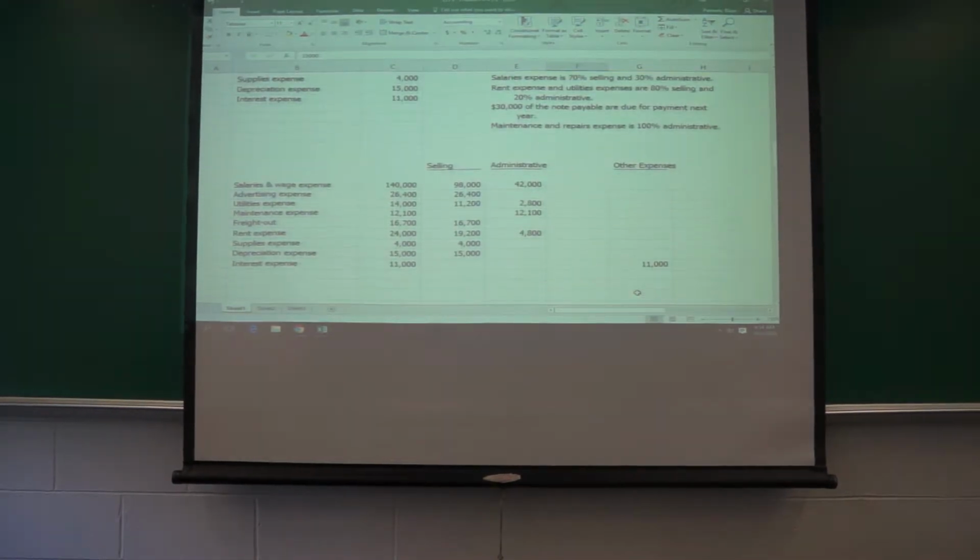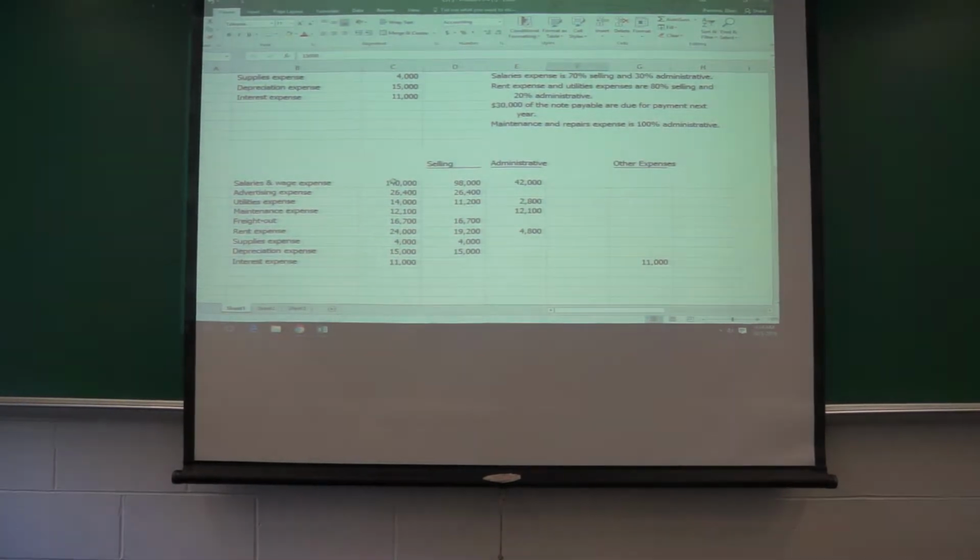So when I am confronted with something like that, here's the total of all the various accounts. Here's the percentages that are selling, and you can set this up as this is 70%, and then this is whatever's left over. So you've got your selling and your administrative amounts for each of these.